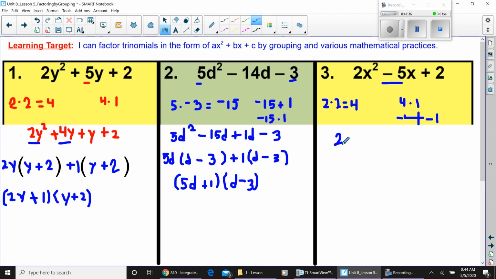The 2x squared comes down. The negative 5x is now going to be negative 4x minus 1x, and I'm going to bring the plus 2 down.